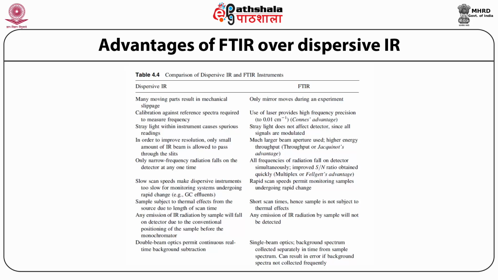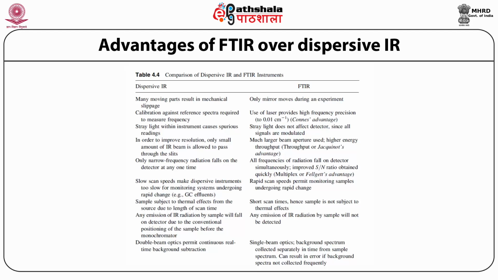In dispersive IR, slow scan speeds make the dispersive instrument too slow for monitoring systems undergoing rapid change. But in FTIR, rapid scan speed permits monitoring of samples undergoing rapid change. In dispersive IR, the sample is subject to thermal effects from the source due to the length of the scan time.